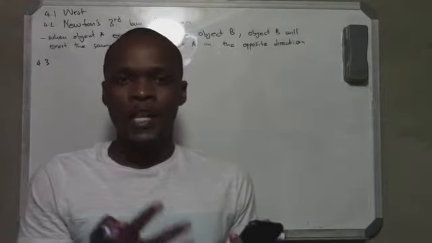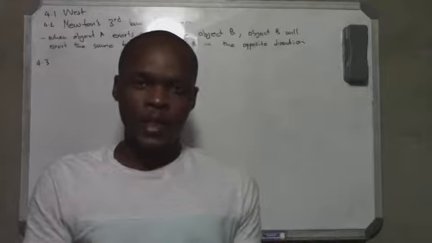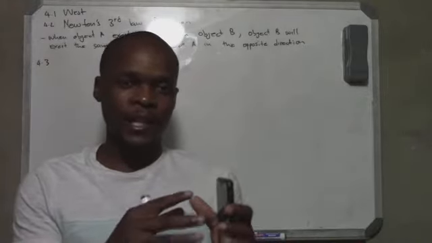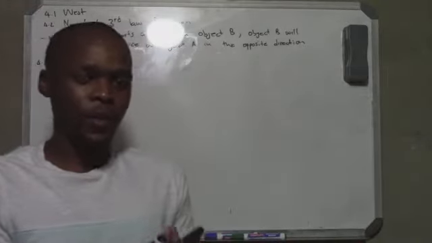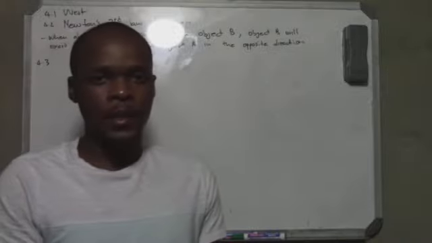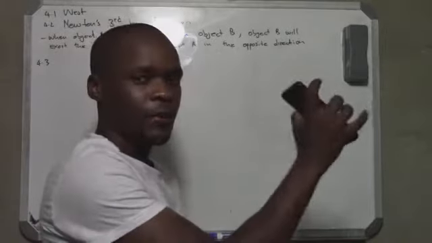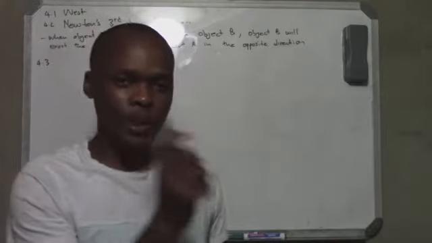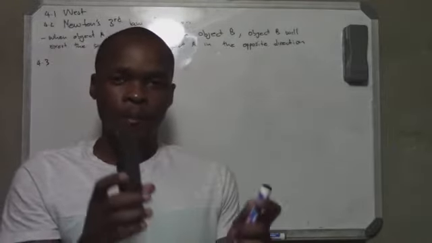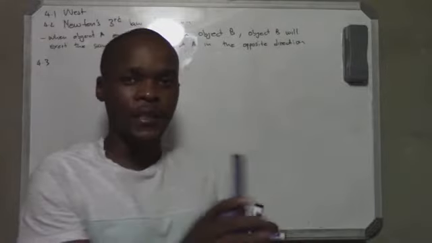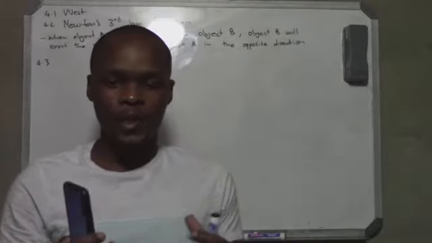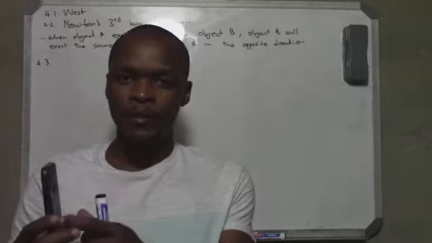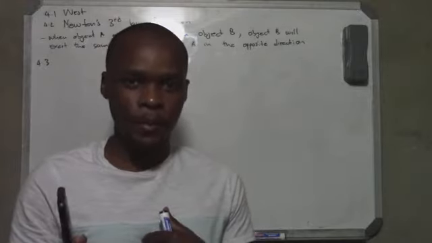And in an explosion, these objects start as one thing. Suppose I want to throw this phone in that direction, that will be an explosion type of question, because before I throw it, me and this phone are one unit, with the mass of the phone plus my body mass.